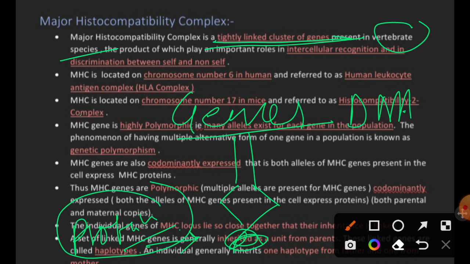The proteins that come from MHC genes are known as MHC proteins.